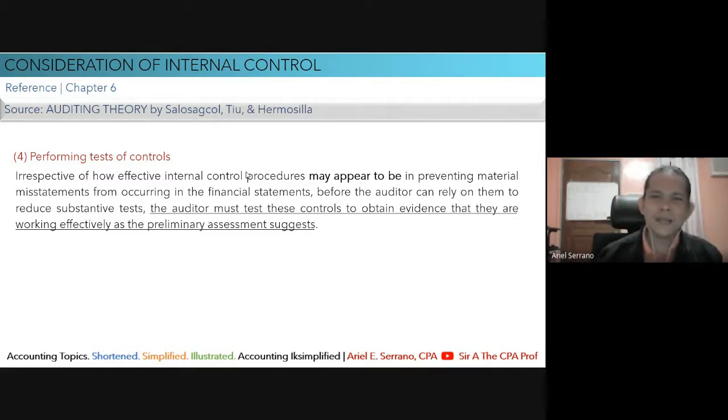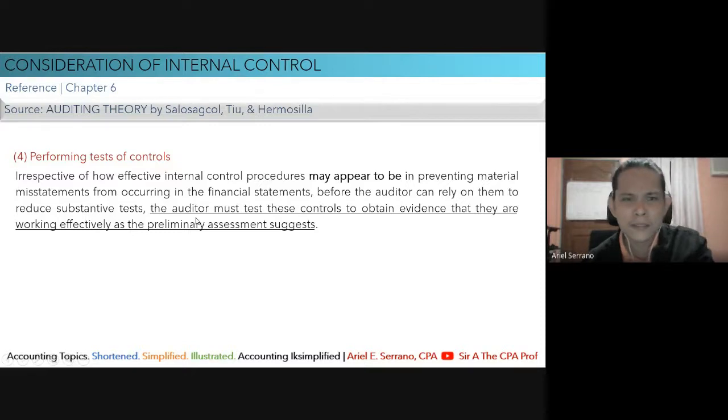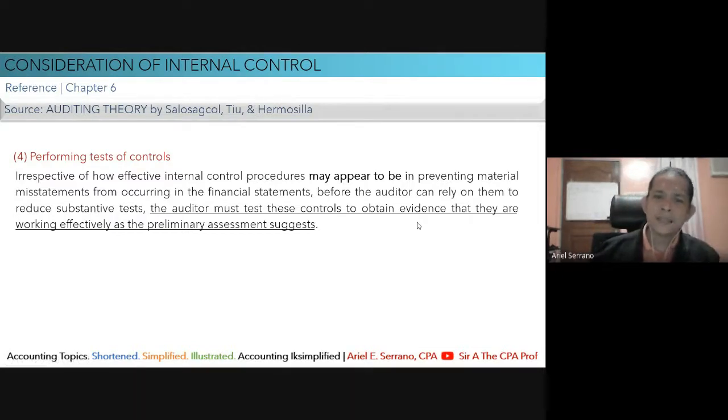Dadagdagan natin, dadamihan natin yung ating substantive tests. Okay? Kaya nga, before the auditor can rely on them to reduce substantive tests. Kasi kung hindi natin yan maaasahan, madami yung ating substantive tests. The auditor must test these controls to obtain evidence that they are working effectively as the preliminary assessment suggests.